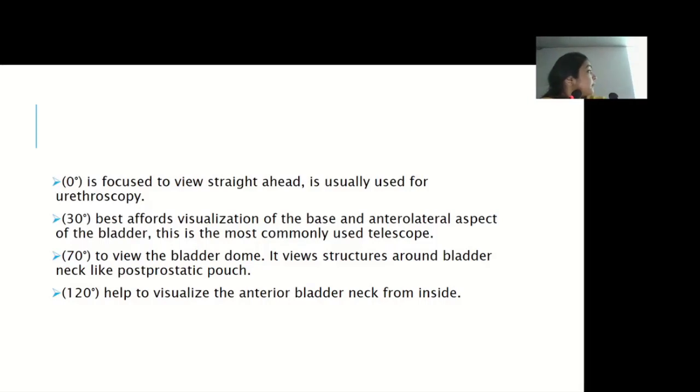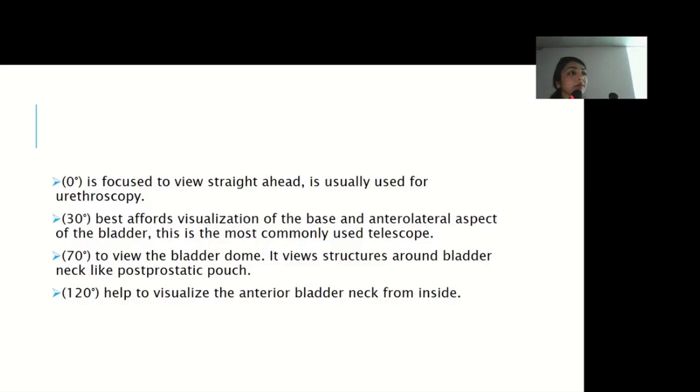I just want to cut in here because this is very important, and here we make mistakes. If you use a 0 degree lens and rotate the whole instrument, you will always see the posterior wall. You cannot see the lateral walls, the floor or the roof unless you move your hand and change your angle.